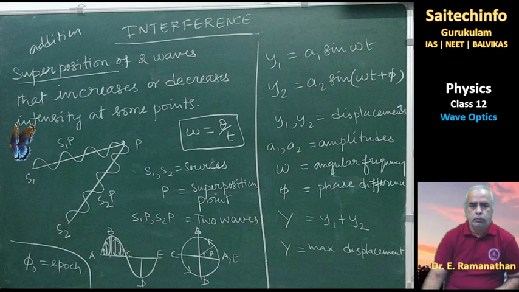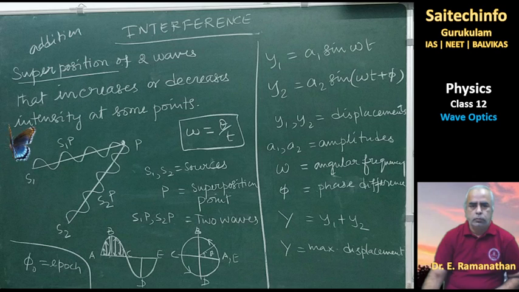Anyway, let me consider S1 and S2 are two different sources. P is the superposition point where these two wave trains meet. We used to call them wave trains. So S1P, S2P are the two wave trains.